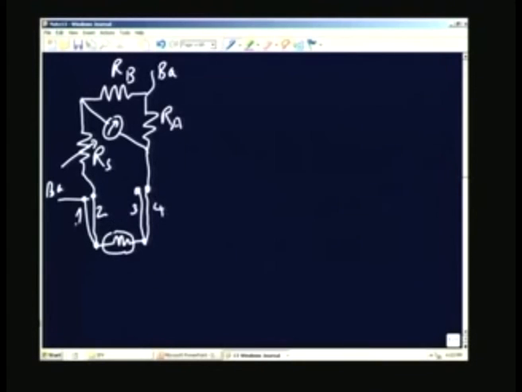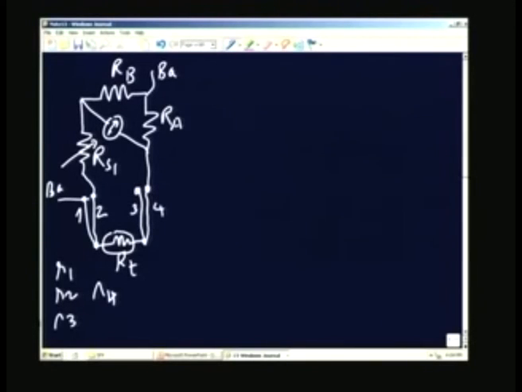So, let us assume that the resistances of the lead wires are R1, R2, R3 and R4. Let us call this RT, the resistance of the temperature detector, and this we will call RS1, the resistance in the first case.